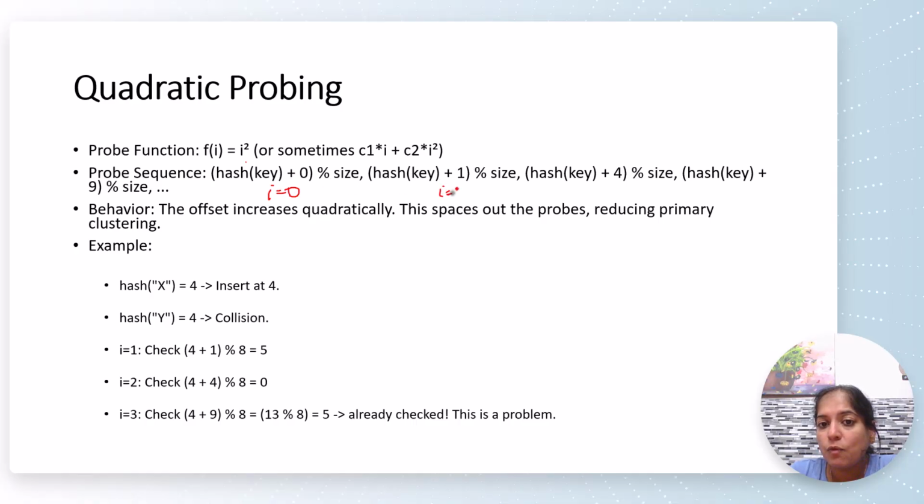For i equals 1, it will be hash(key) plus 1 mod size, because the square of 0 is 0 and the square of 1 is 1. For i equals 2, it will be hash(key) plus 4 mod size, since 2 square is 4. For i equals 3, it will become hash(key) plus 9 mod size, because 3 square is 9, and so on.